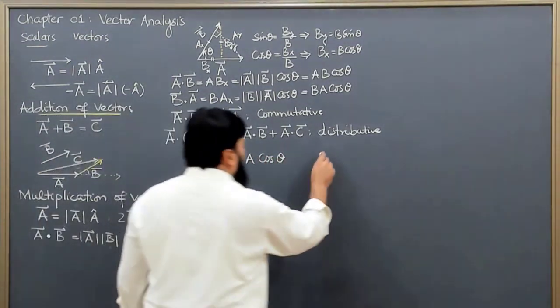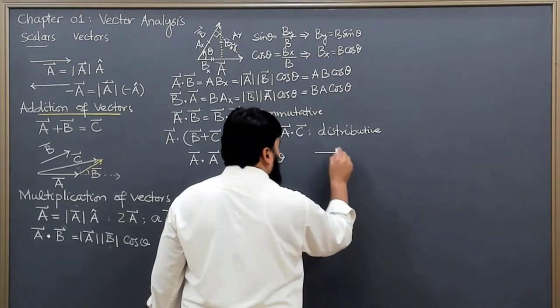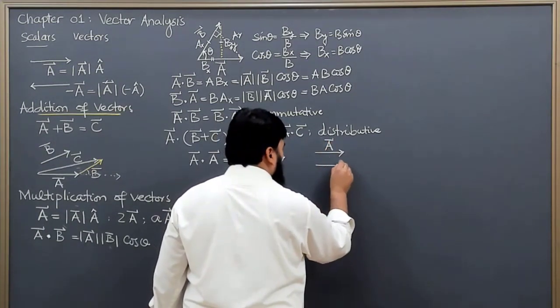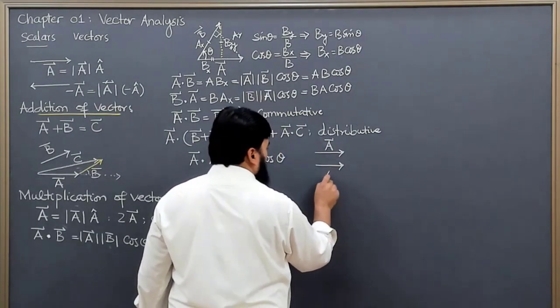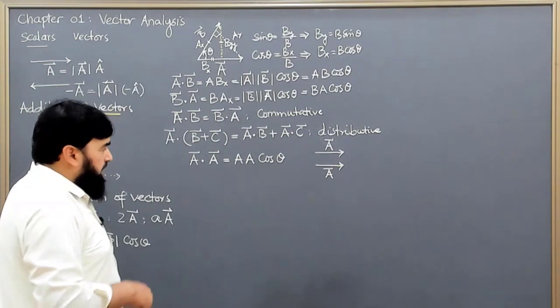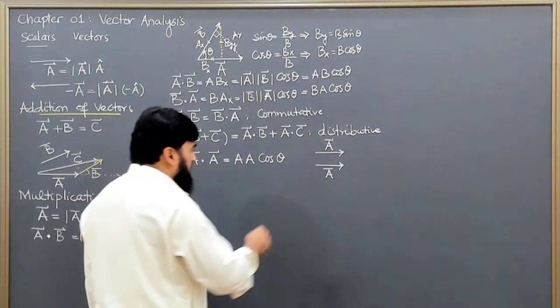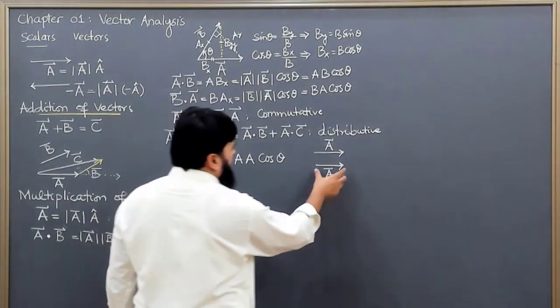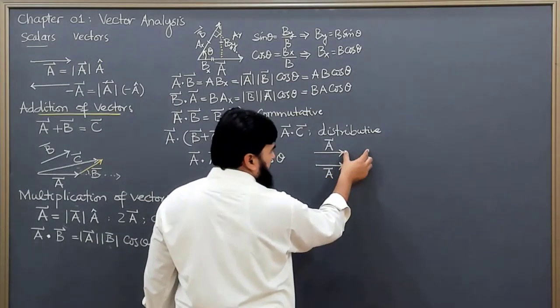Now if this is vector A and the same here, vector A, so both are the same vectors. It's the dot product of the vector with itself. Now what's the angle between the two? I will translate it here.